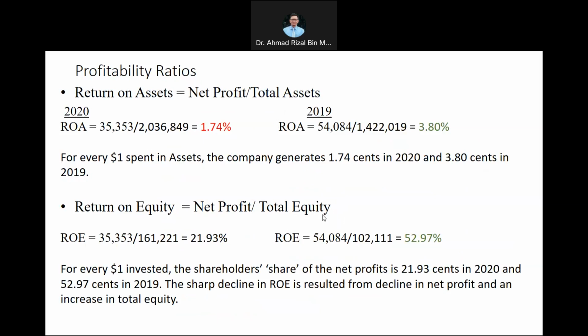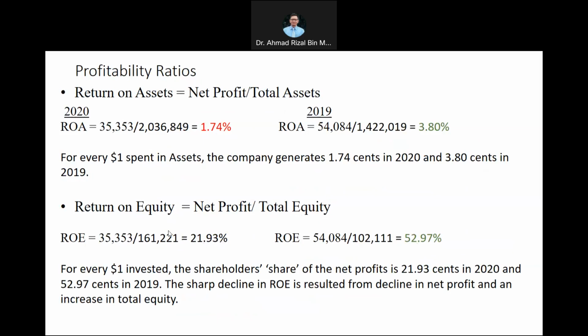Due to the small proportion of equity compared to debt, the return on equity, as shown here, is high, because you divide by a small number. The same net profit, for both years, is divided by a much smaller figure for equity compared to assets. So that's why your ROE is 21.93% in 2020 and 52.97% in 2019.